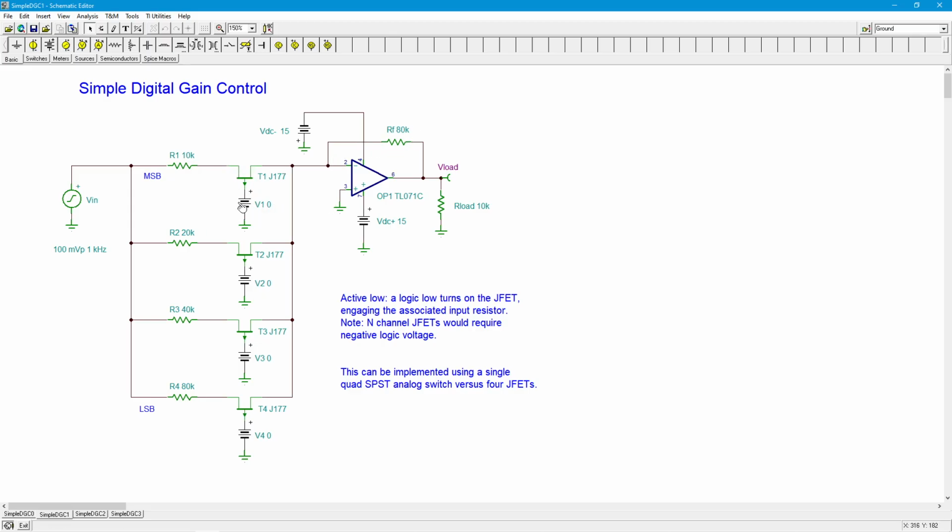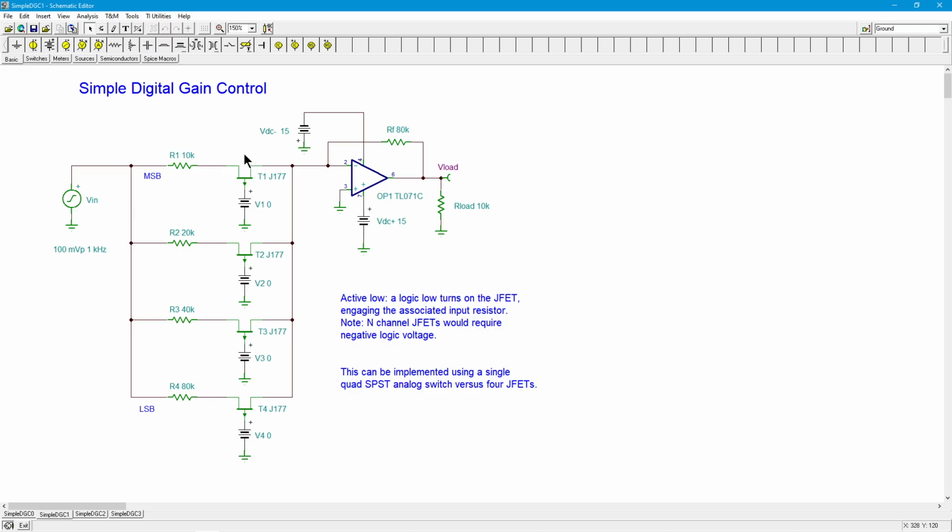On the other hand, if we have 0 volts over here, the FET is fully conducting and we'll get the appropriate current flow into the summing node, right? And we have that for each one of these input channels. Now, ideally, what you want here is 0 ohms when conducting and fully open, in other words infinity, when it's not. One of the tricks with using a simple JFET over here is you really want to find a good switching JFET, something that has a low RDS on value.